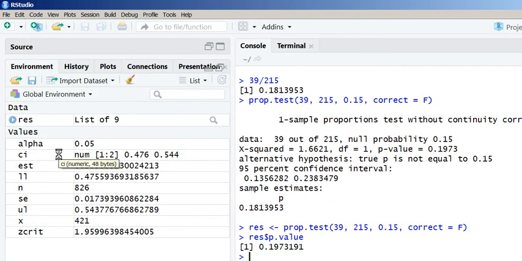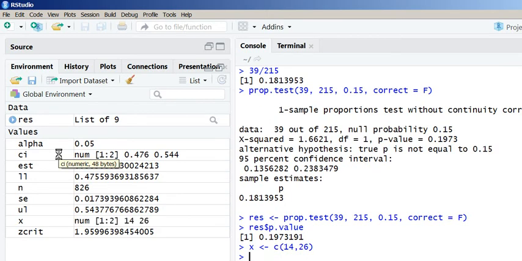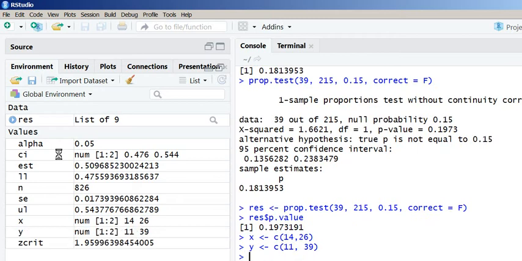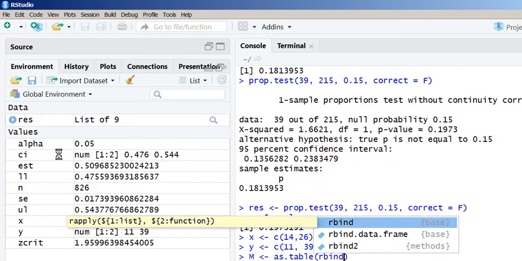So using RStudio, I'm going to have x be 14, 26, and y be 11, 39, and I just want to make a table so this can be presented in a good way.